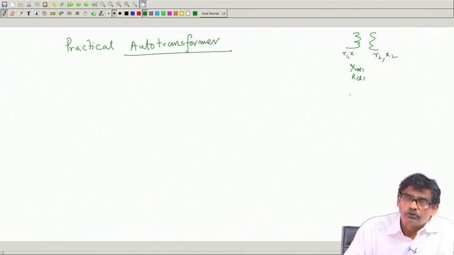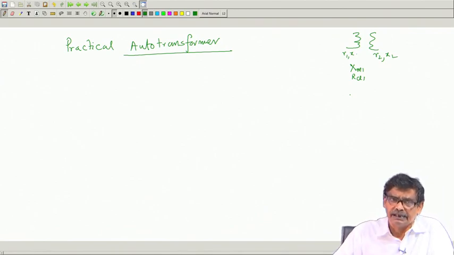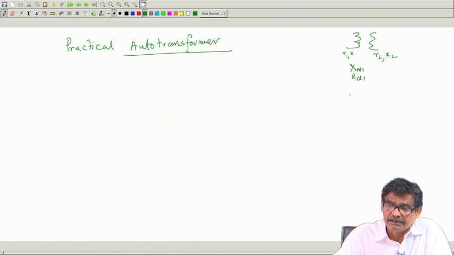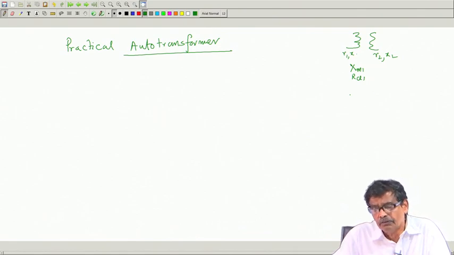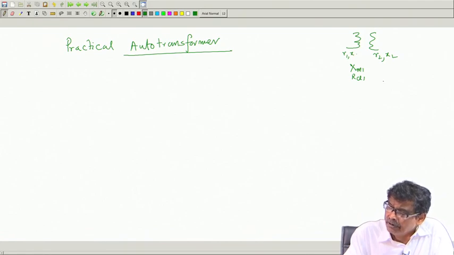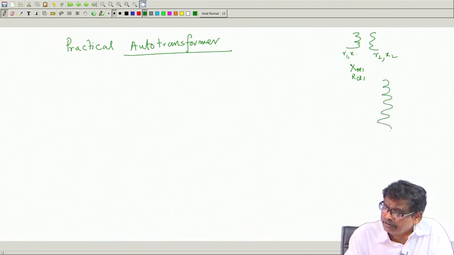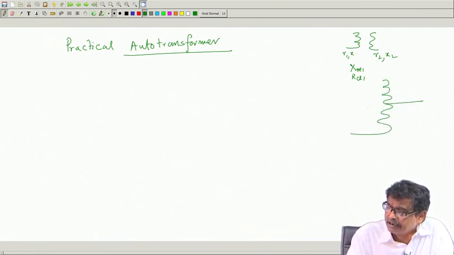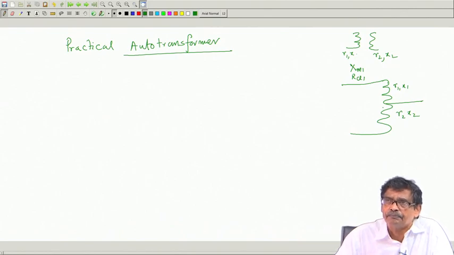So, similarly in the auto transformer, since there is a core, there is a time varying field, therefore, there will be core losses, and not only that, this is the auto transformer where a fixed tapping is taken. So, this portion of the winding will have R 1 X 1, this portion of the winding will have R 2 X 2 and so on. Similarly, the magnetizing branch and no load current.